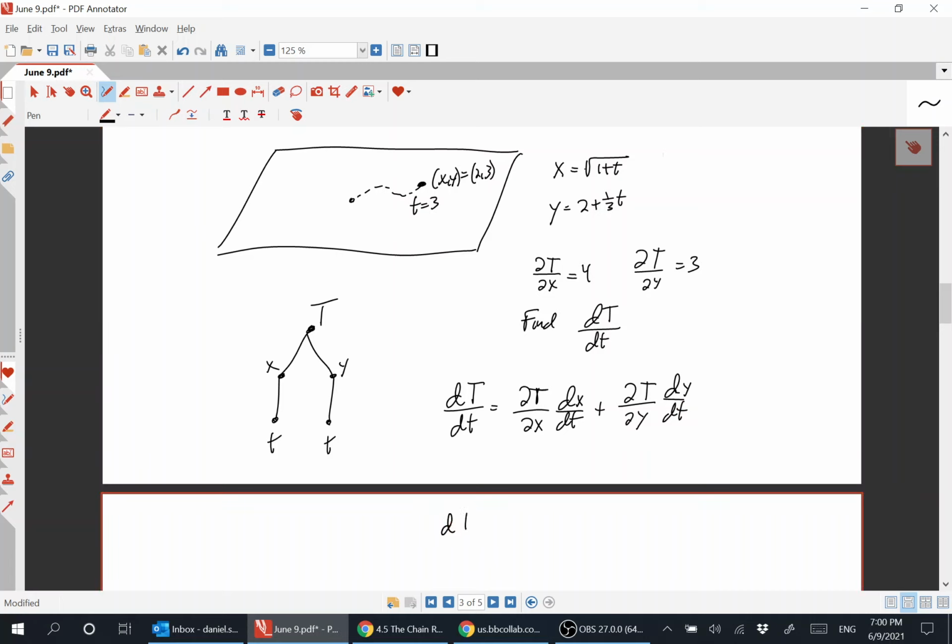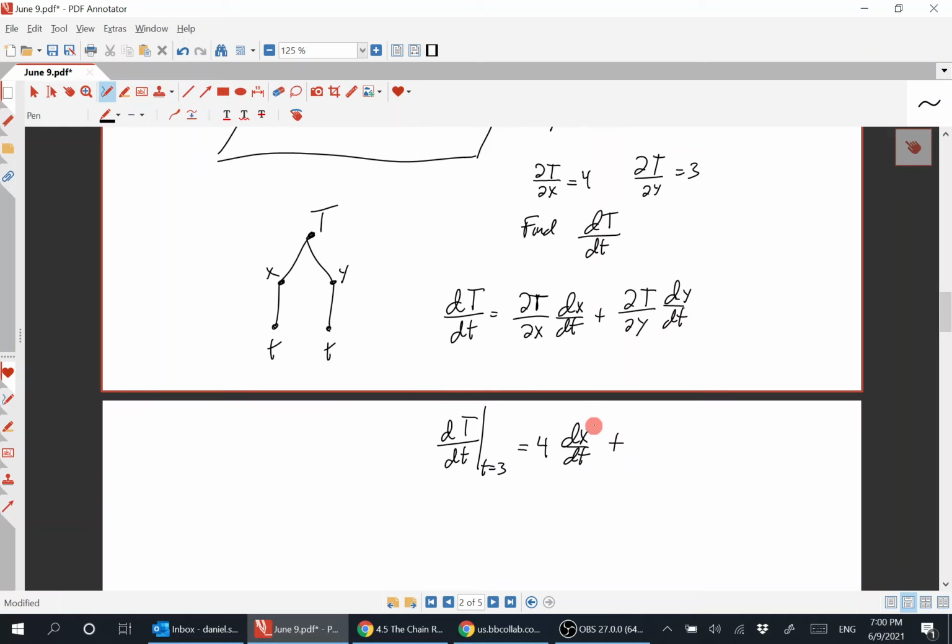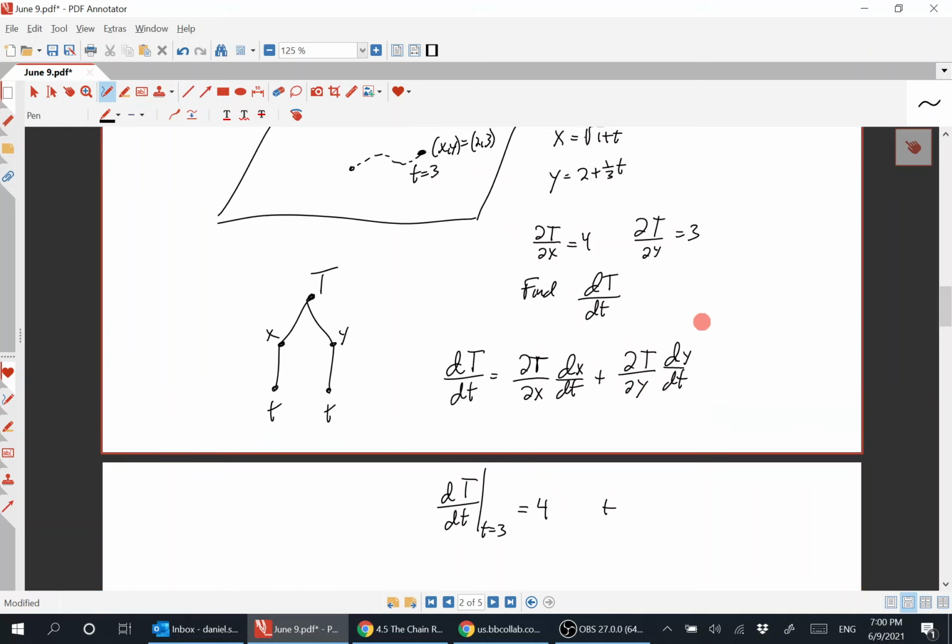Right, so the rate of change of temperature with respect to time at t equal to 3 seconds is, well, partial T with respect to x at 3 seconds, which was 4, and then this is dx/dt. Plus, well, actually, let me calculate those in a minute. Plus partial of T with respect to y at 3 seconds, and that one was 3, times dy/dt. But we'll find those right now.